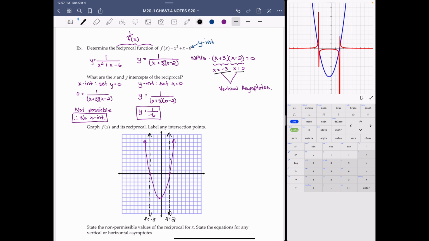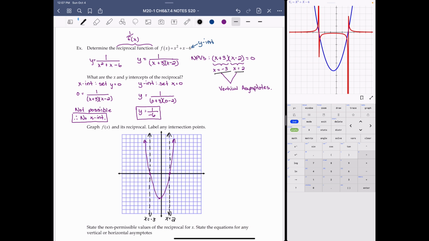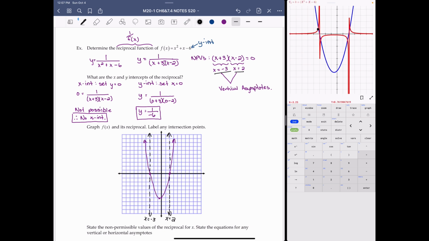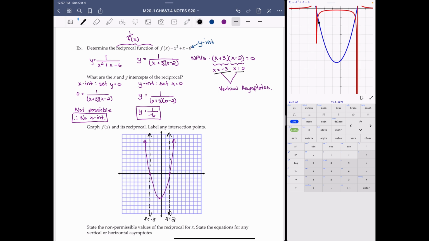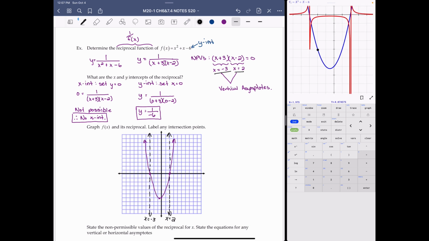The graphing calculators do not do a great job of helping you to graph reciprocals because it kind of looks like it stops at this point here, where I can't even get on the point. That red line looks like it stops at about negative 4 for the y value, but it doesn't.